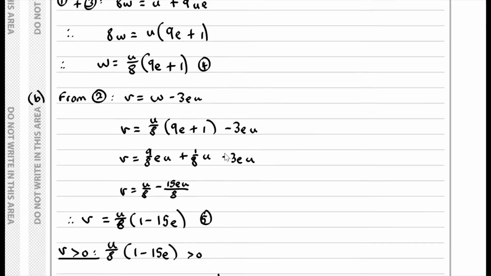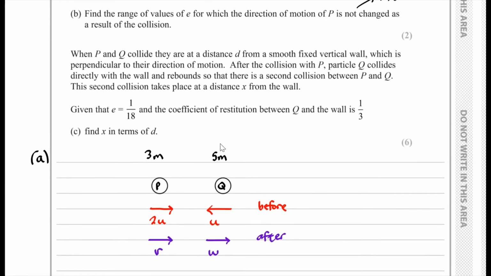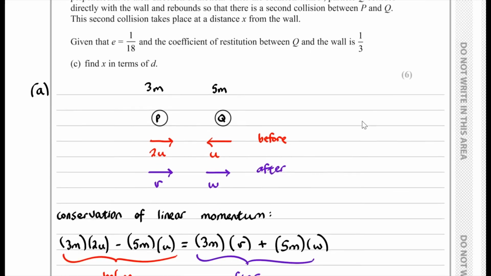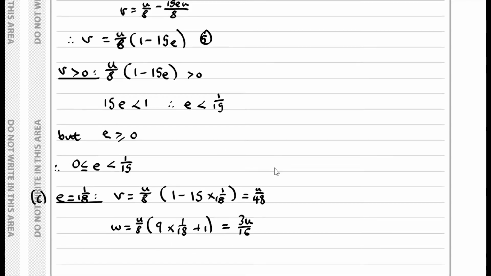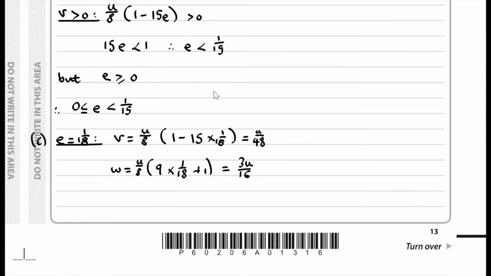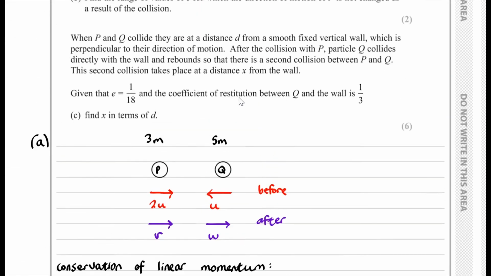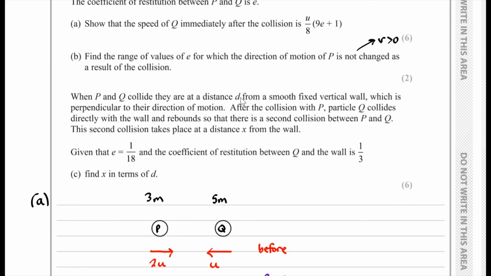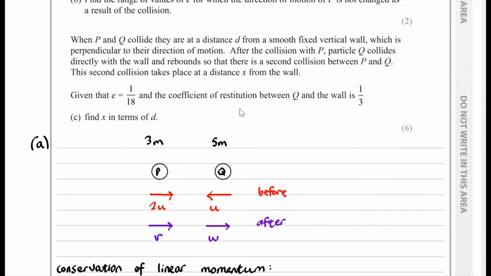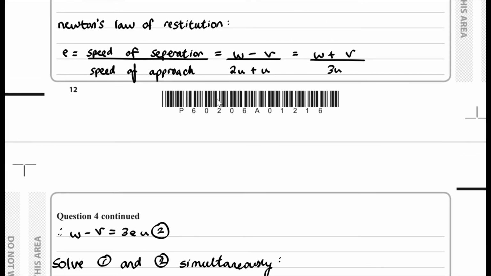And we were also told somewhere in the question that the coefficient of restitution between Q and the wall is a third, so we can use that to find out what y is essentially. And the way we can do that is to use Newton's law of restitution again.